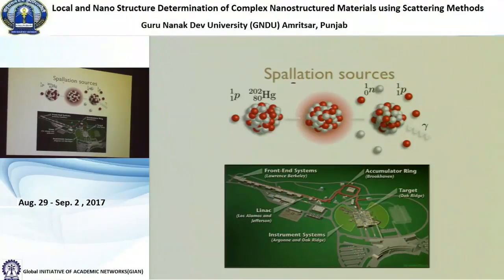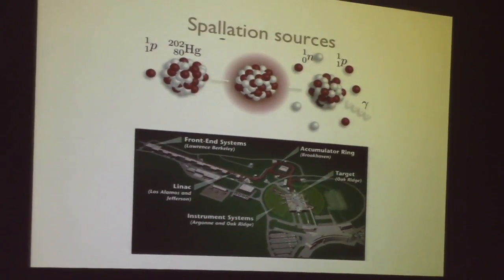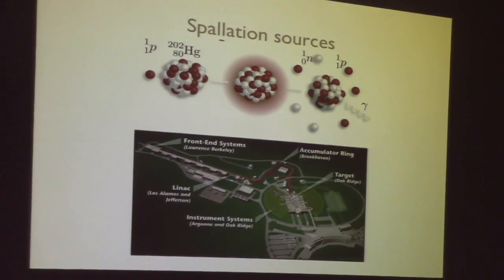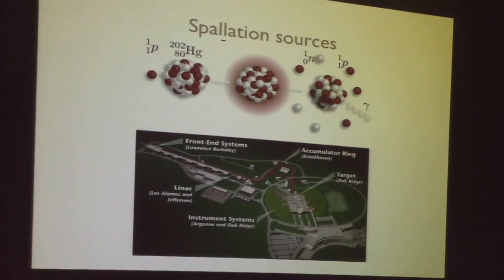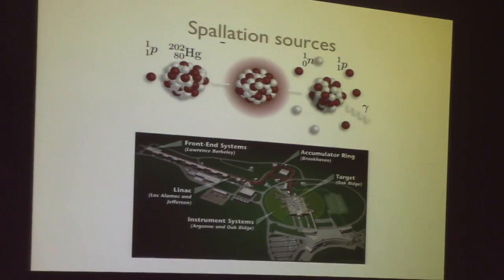For this kind of machine, there are very few neutrons per pulse, so you want to make very good use of those neutrons. The way you do it is time of flight, where instead of using the wavelength of the neutron to determine its energy, you use its velocity directly.